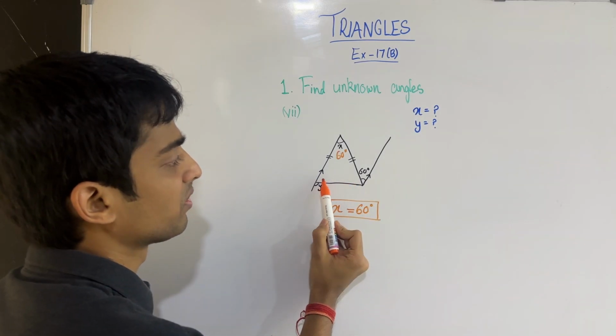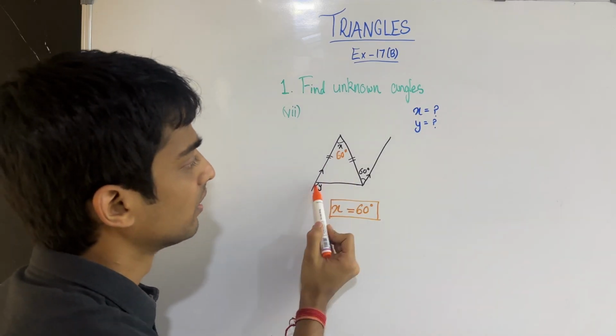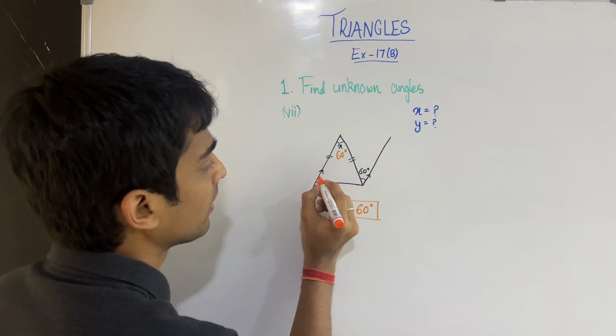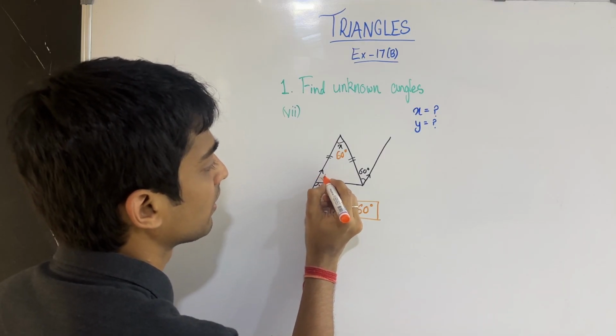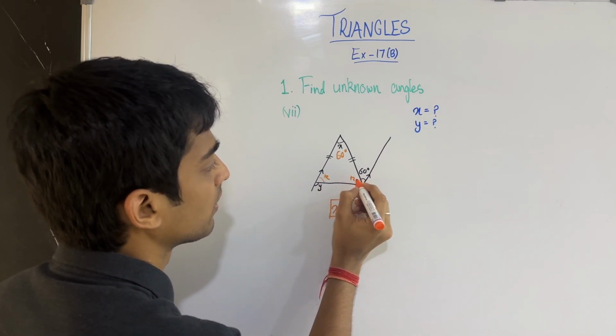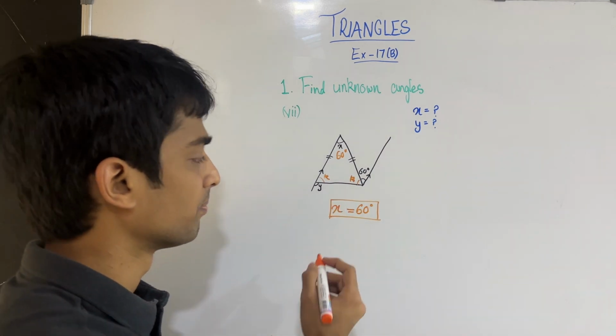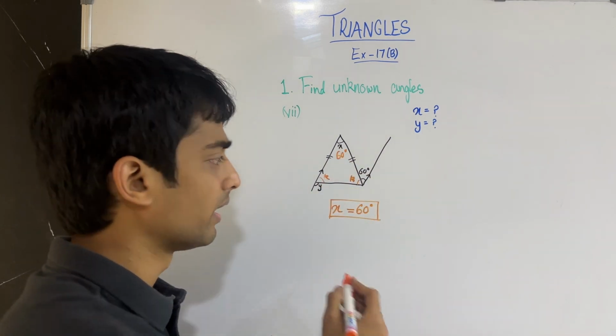These two angles also have to be equal because these two sides are equal. So the base angles are also equal. So we can call them K and K, right? Now let's make an equation and find K. So sum of angles is 180 degrees in a triangle.